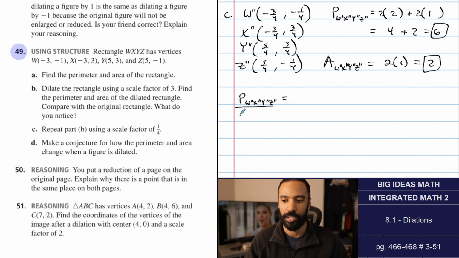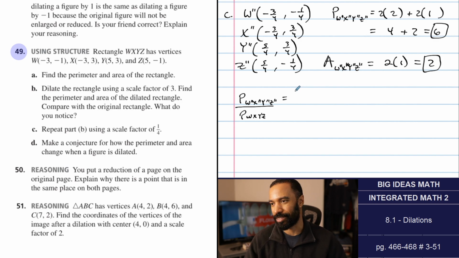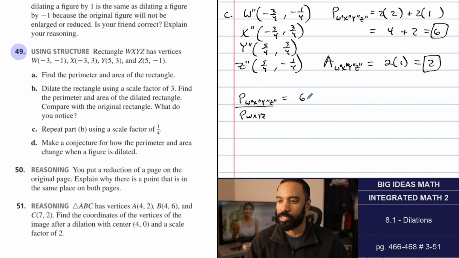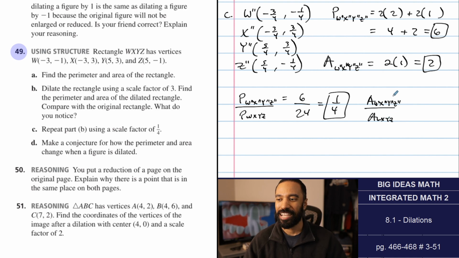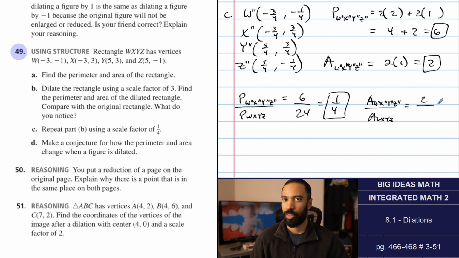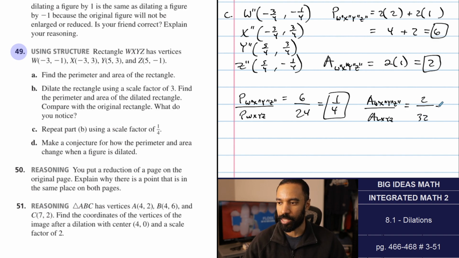It's a good question. It's just the weird numbers here, especially when they could have done that better. So this is 6 over 24, which is 1/4. That seems to match up. The area is 2 over 32, which is 1/16.